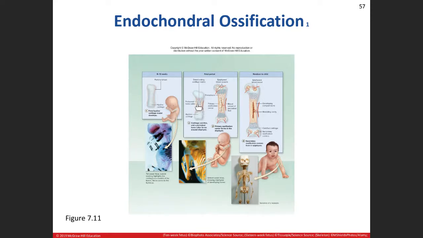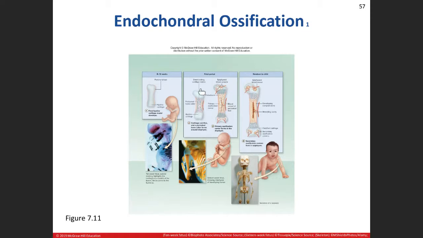In doing so, it will convert that tissue over into bone tissue. And it spreads outward from the center, heading up towards the proximal epiphysis and down towards the distal epiphysis. It occurs first in the diaphysis, therefore it's referred to as the primary ossification center.